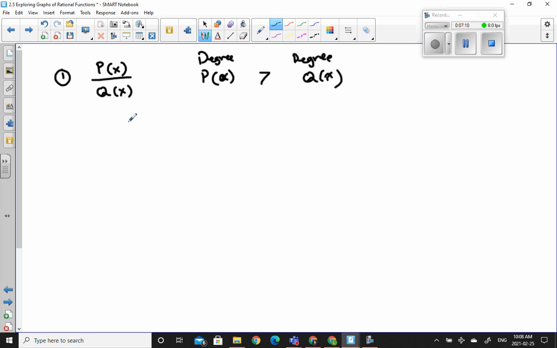So let's say you have a rational function f of x equals x cubed plus 3x plus 1 divided by x minus 1. The degree of the numerator is 3, and the degree of the denominator is 1. So therefore, no horizontal asymptote in this case.